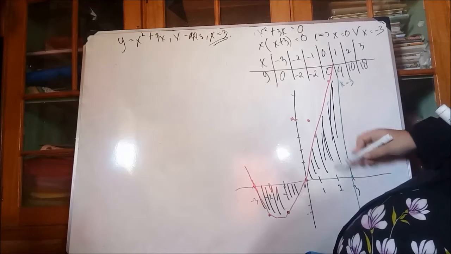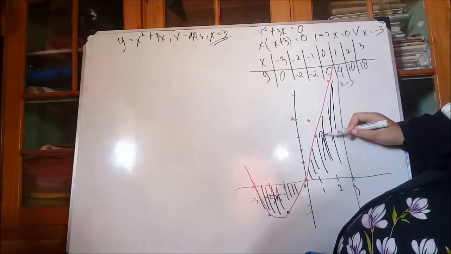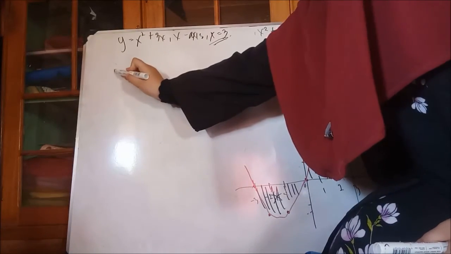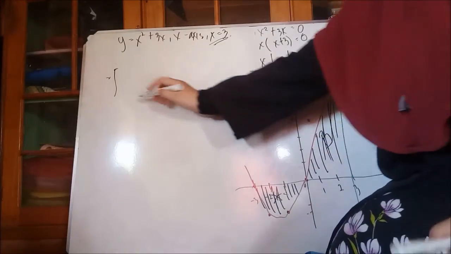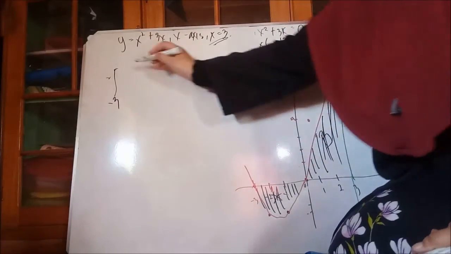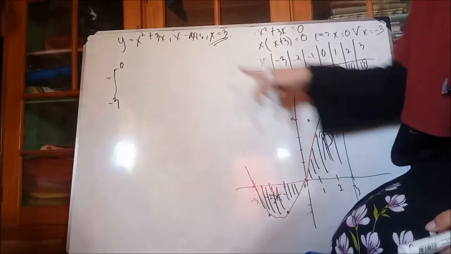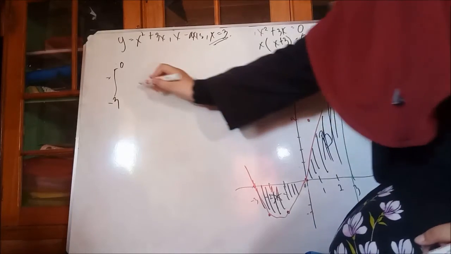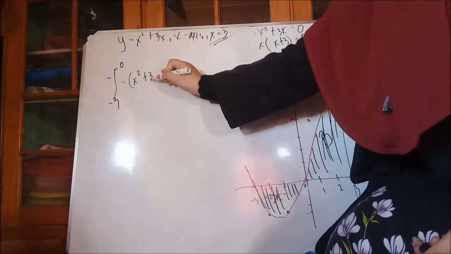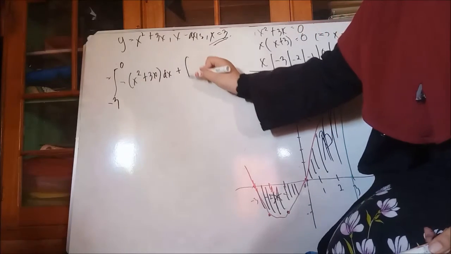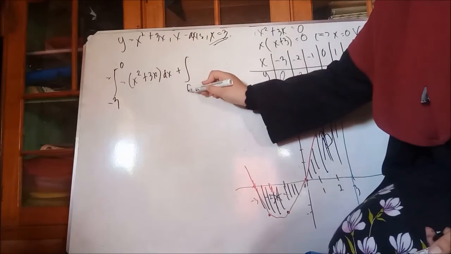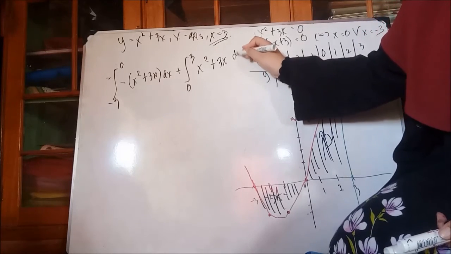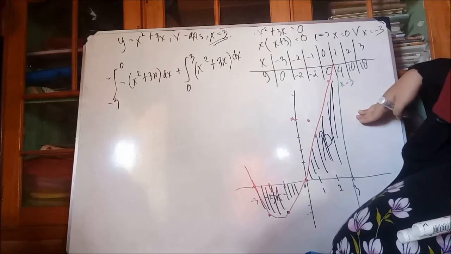So we have two regions, A and B. So the area is A plus B, which equals the integral from negative 3 until 0 of the function, but you must remember that we have the negative because this is under the curve, so we have negative (x squared plus 3x) dx, plus the integral from 0 until 3 of x squared plus 3x dx, right? Because this is above the x-axis.